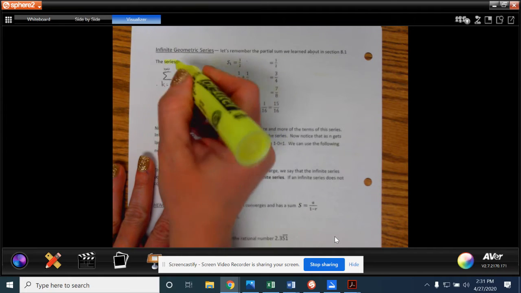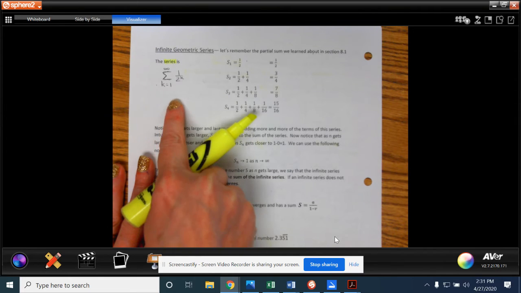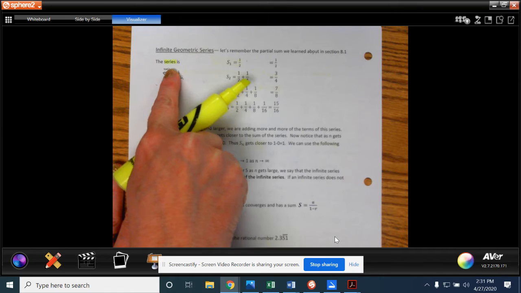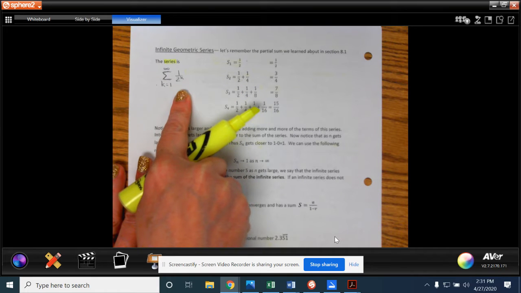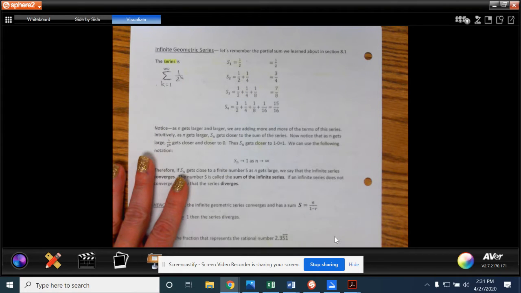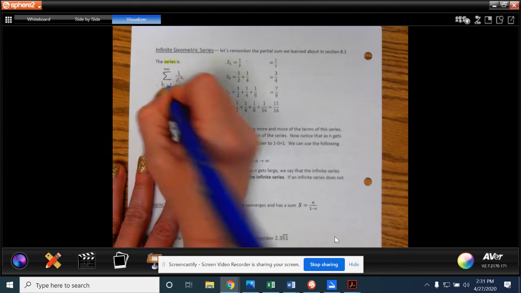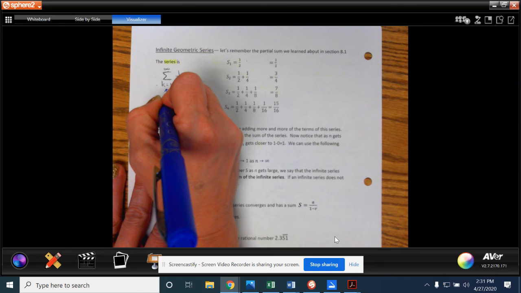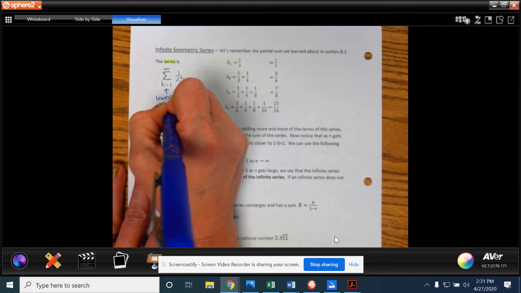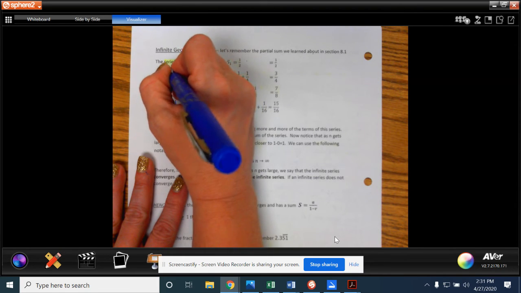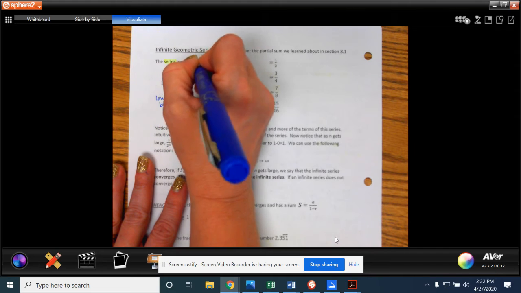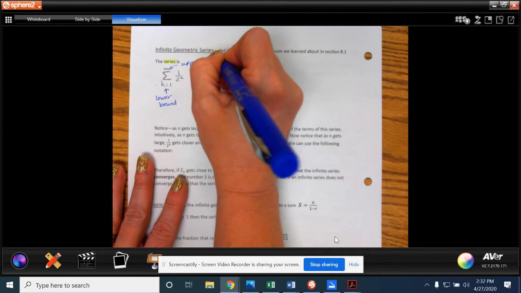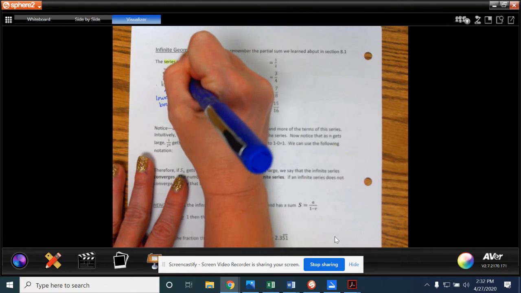The series is, and it says, I'm going from 1 to infinity of my function. So this is, again, the beginning. So that's the lower bound, the beginning. And this one is the upper bound, just as a reminder, that's where you're supposed to stop. And this is the function.